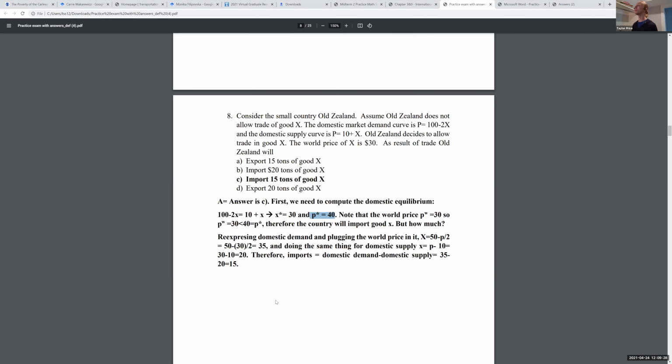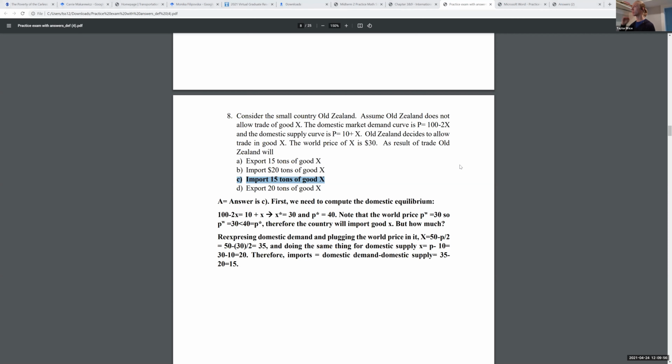Then you get the quantity demanded and the quantity supplied in the domestic market. The difference between the domestic demand and the domestic supply, as it says right here, is going to be the amount of imports. That's how you can determine the number of imports into the country.